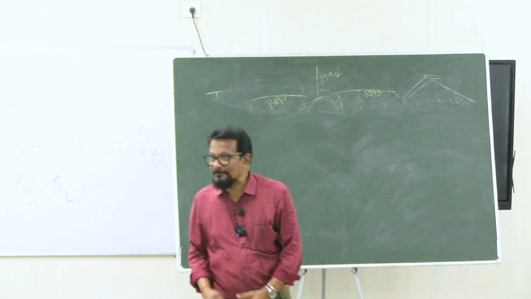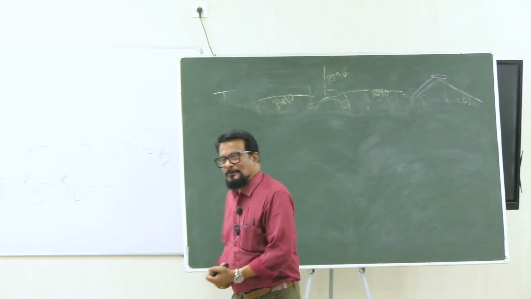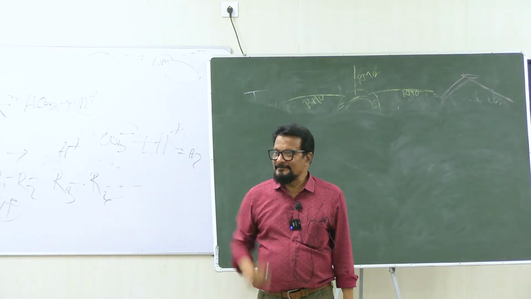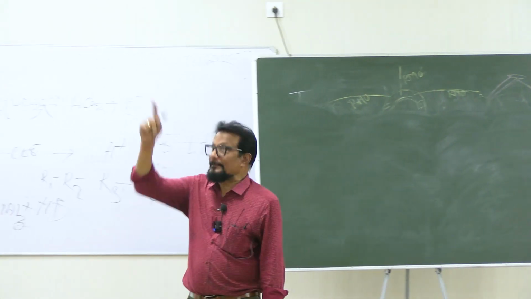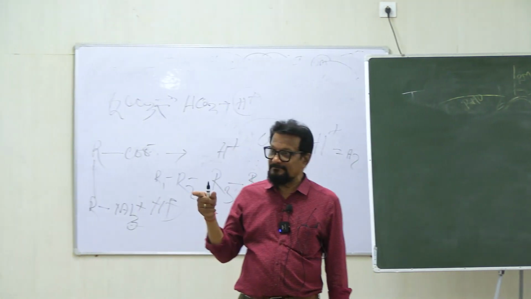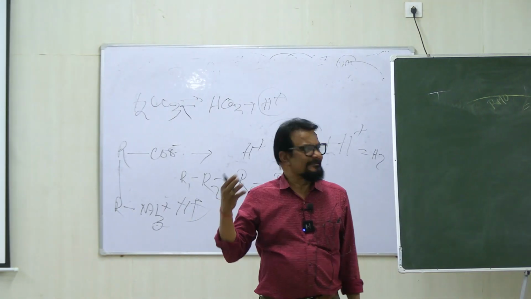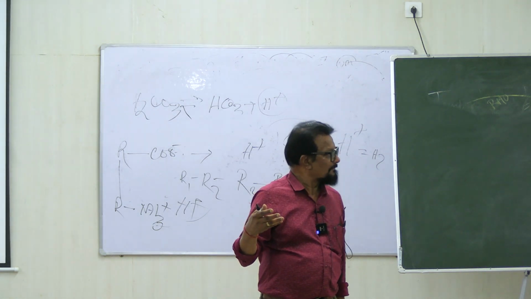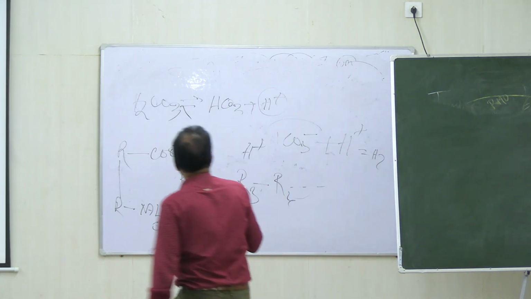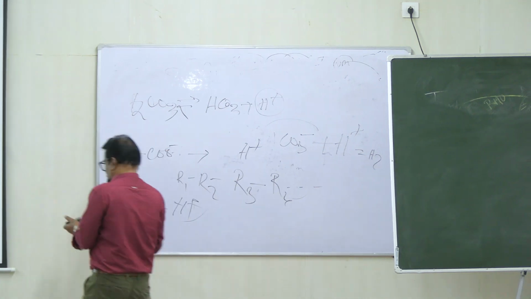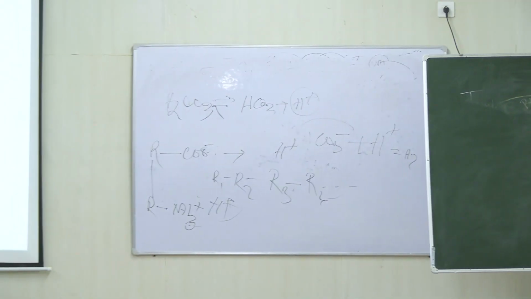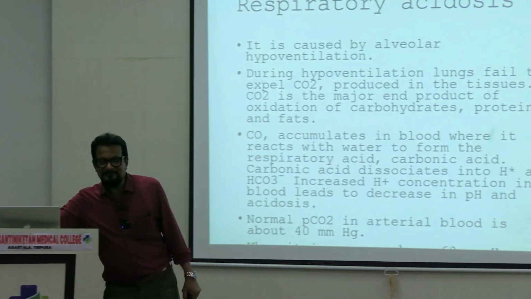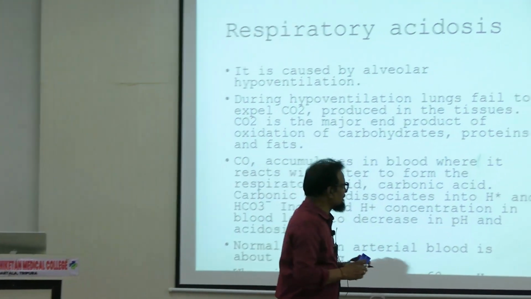What do you mean by partial pressure? So here, what is the atmospheric pressure, the barometric pressure? Say 760 millimeter of mercury. This concept you must have, otherwise what is this partial pressure?